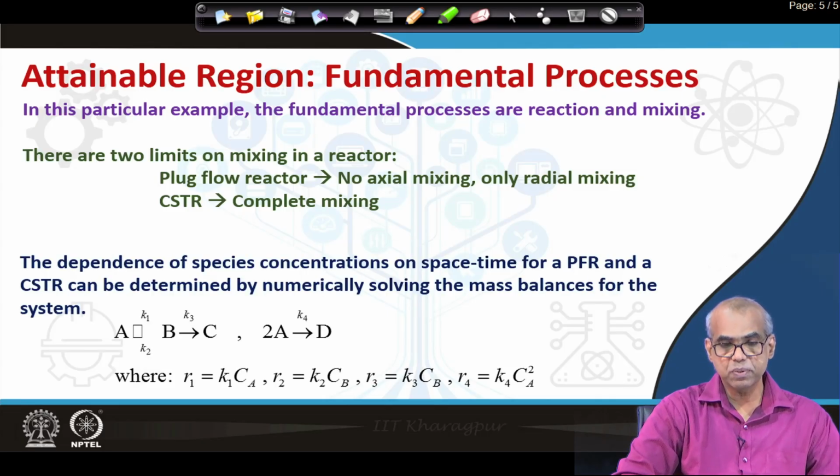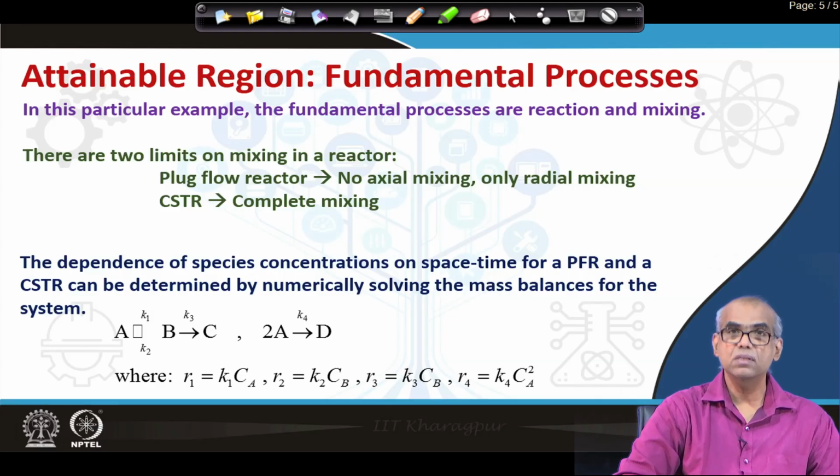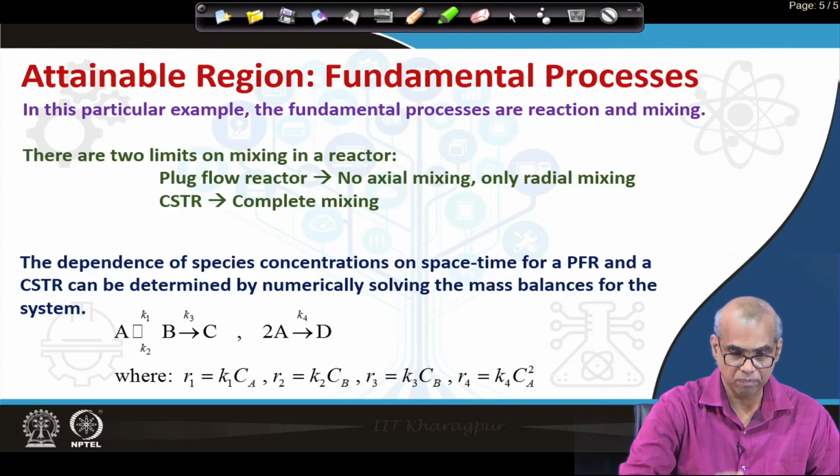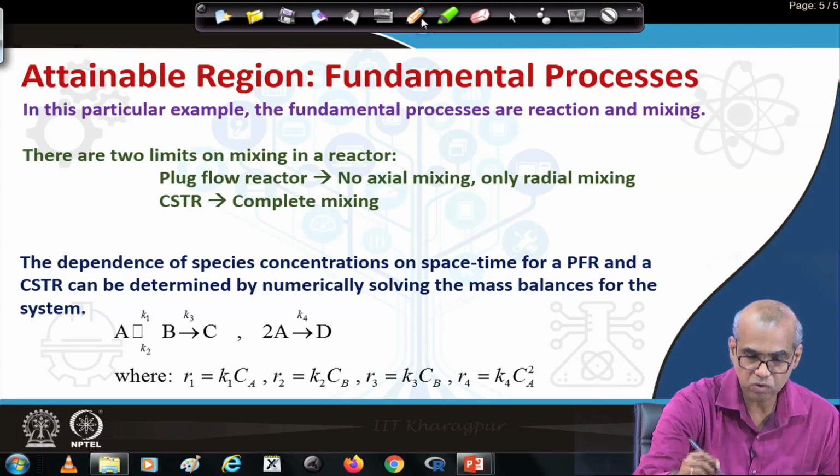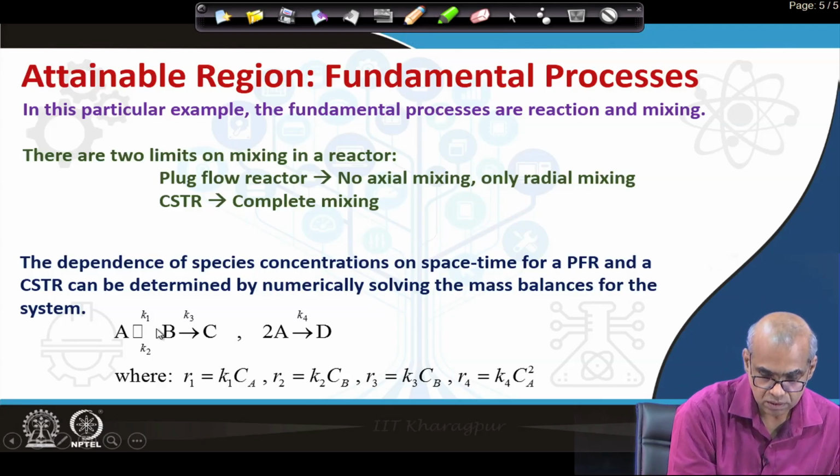The dependence of species concentration on space time for a PFR and a CSTR can be determined by numerically solving the mass balances for the system, that means for the Van der Waals reaction scheme. Again note that this is reversible.